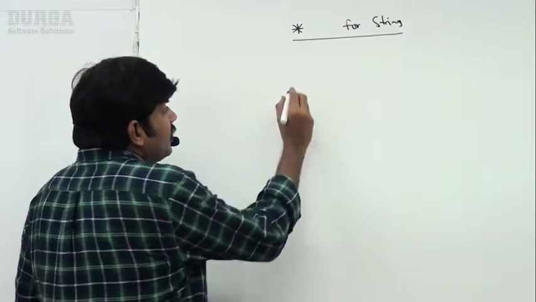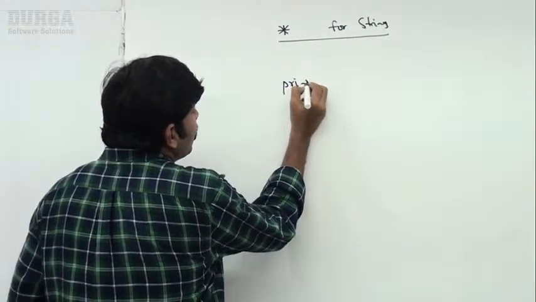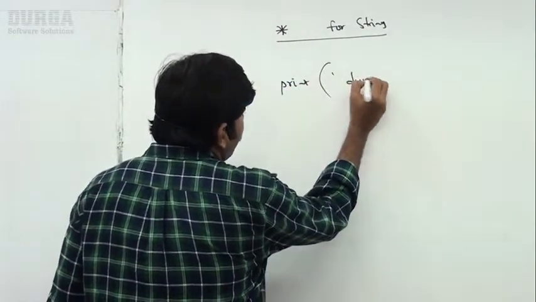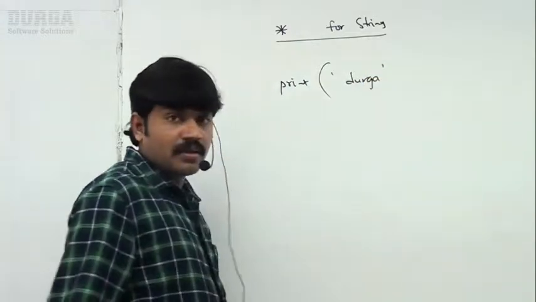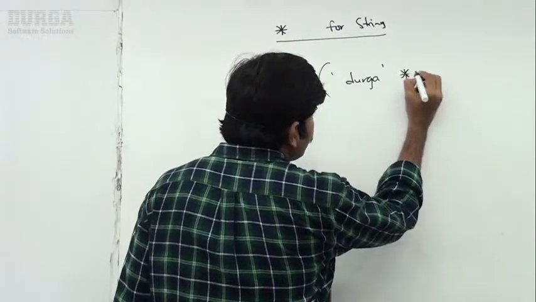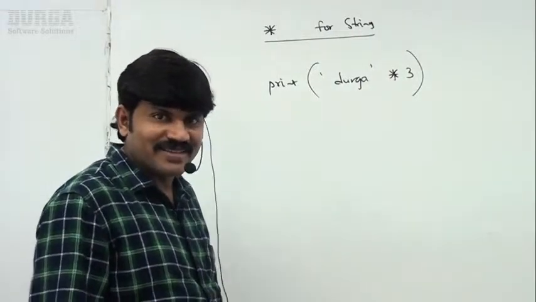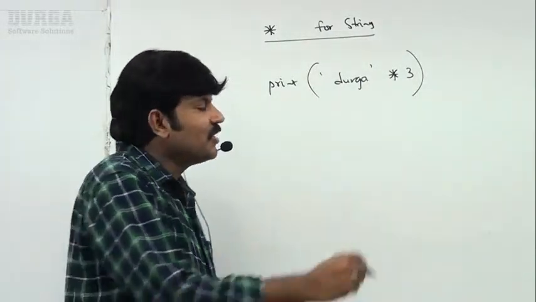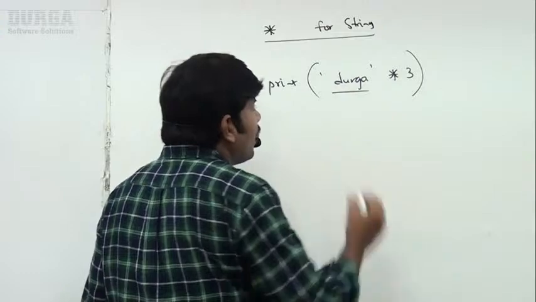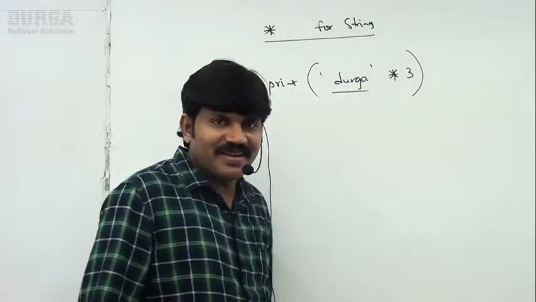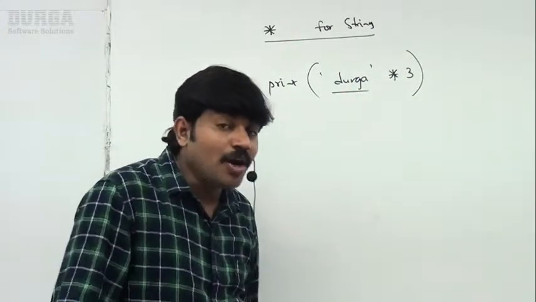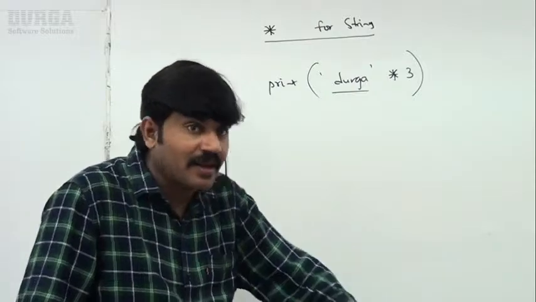Very simple. Here I am taking print of "Durga" * 3. What it means is repeat this Durga 3 times. Are you getting it? Repeat this Durga how many times? 3 times.